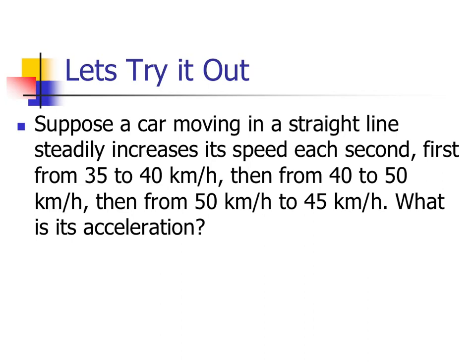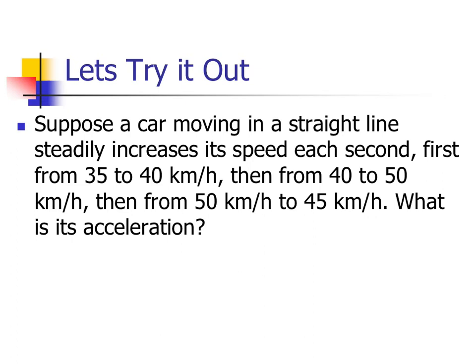So suppose a car is moving in a straight line, steadily increases its speed each second, which means each of these intervals is going to be 1 second intervals. So from when it goes from 35 to 40 kilometers per hour, that happens in 1 second. Then from 40 to 50 kilometers per hour, that happens in 1 second.